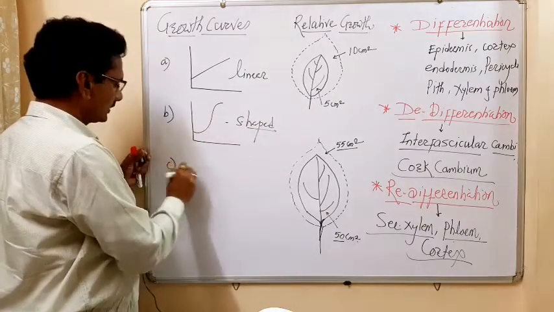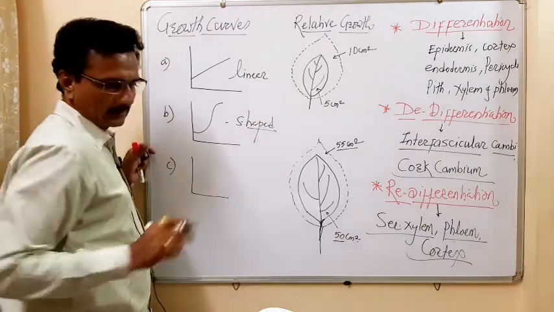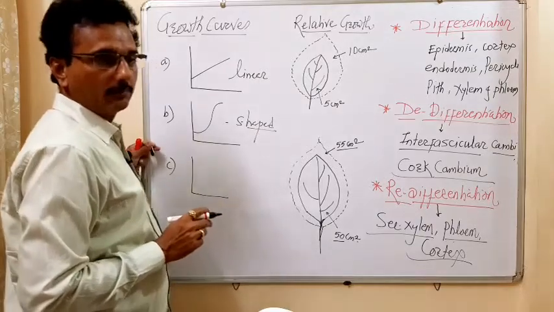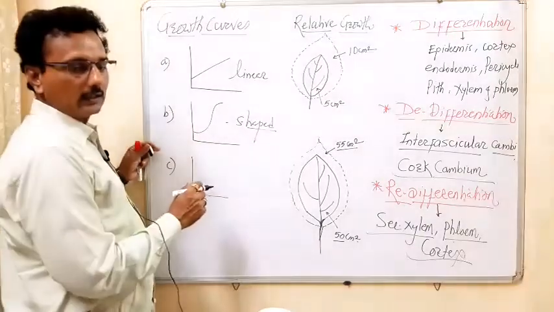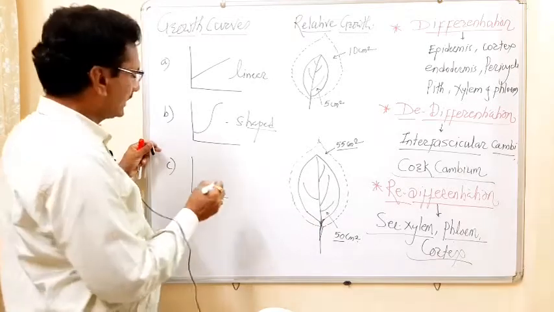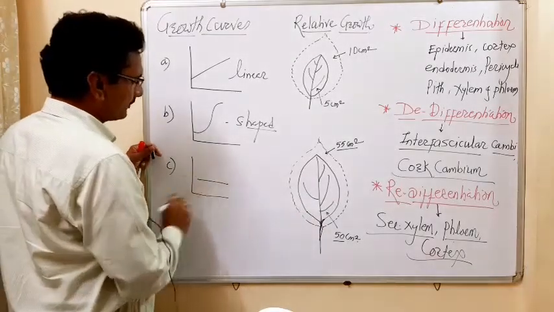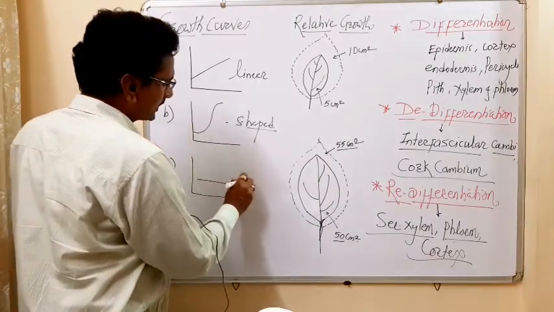And the fourth option is a hyperbola-like growth curve.